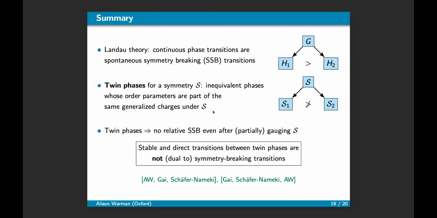However, for the twin phases, this is never the case because they always have the same ground state degeneracy. So if we have direct continuous phase transitions between them, these are intrinsically beyond Landau. They're beyond Landau in one frame, but also in all other symmetry frames related to the initial one by duality. And this is because the twin phases have no relative order.